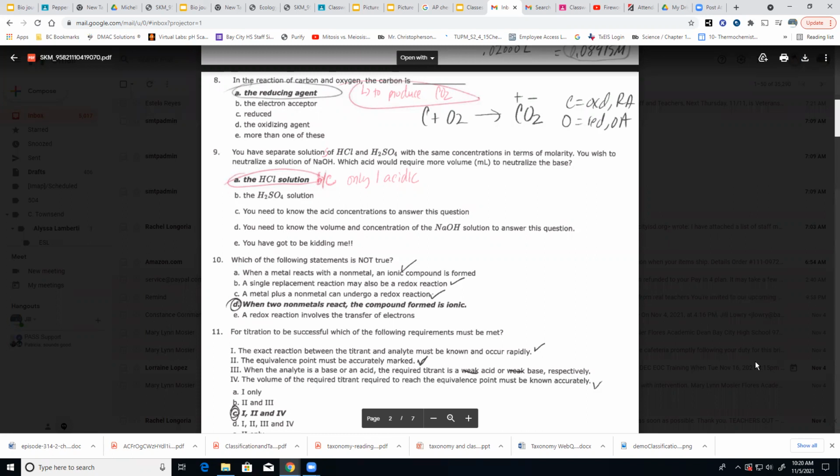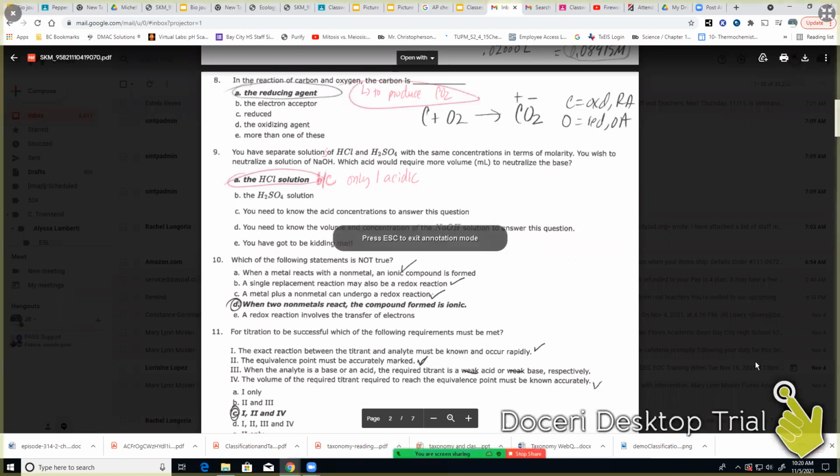So that was the little bit of the trick on that one that you had to recognize. If I wrote some kind of equation out, I only have one acidic hydrogen here, I have 2. So if they were the same molarity, I would need more of the HCl to get the moles that I needed.